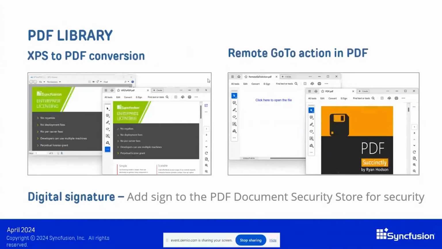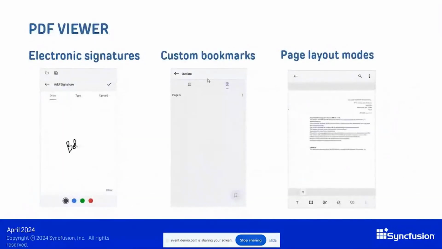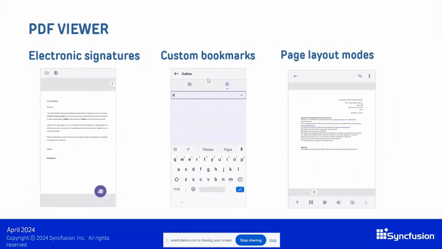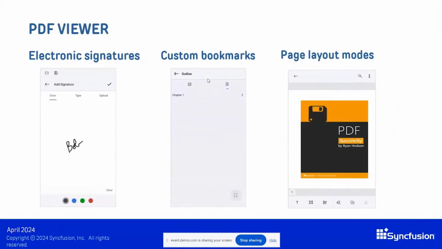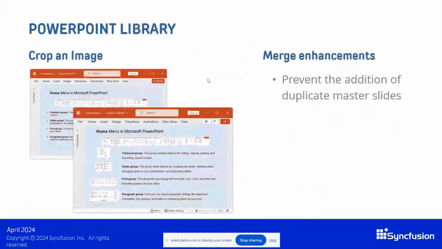In digital signature, you can add a signature to the PDF document security store for security purposes. In PDF viewer, we have provided support for electronic signatures, custom bookmarks, and page layout modes. In PowerPoint library, we have provided support to crop an image and to prevent the addition of duplicate master slides.